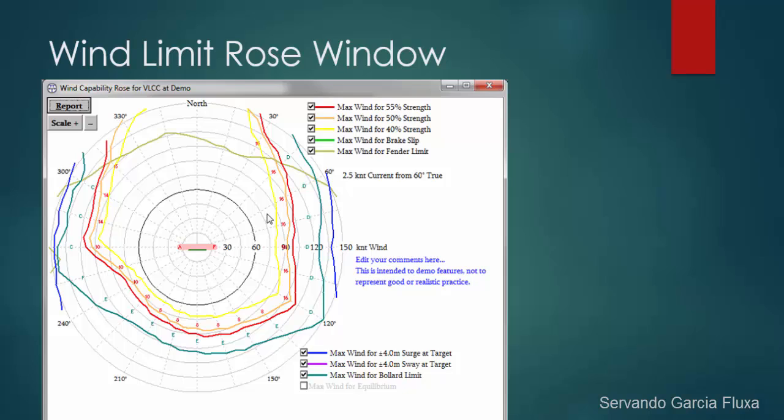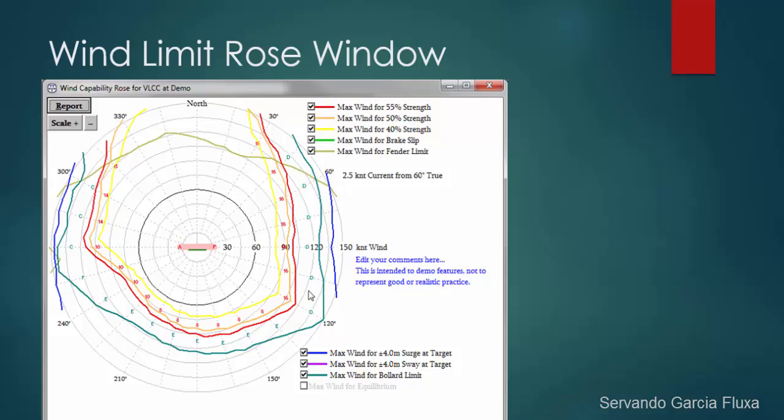Something really interesting in OPTIMOOR is that it gives you these wind limit rows. So what appears here? Here appears in what conditions the strength of the bollard is reached.